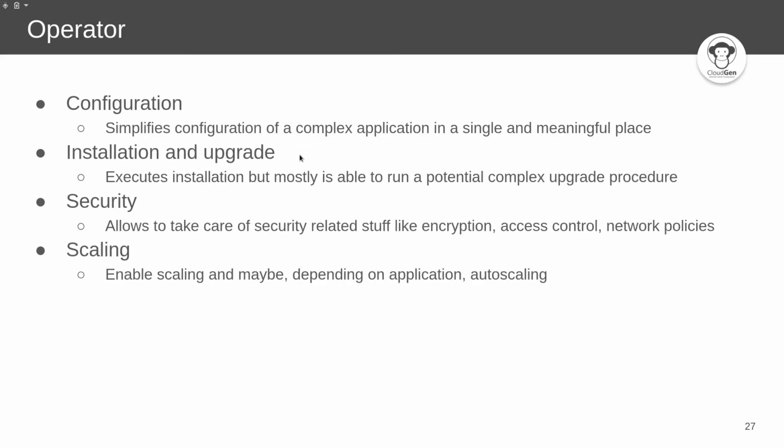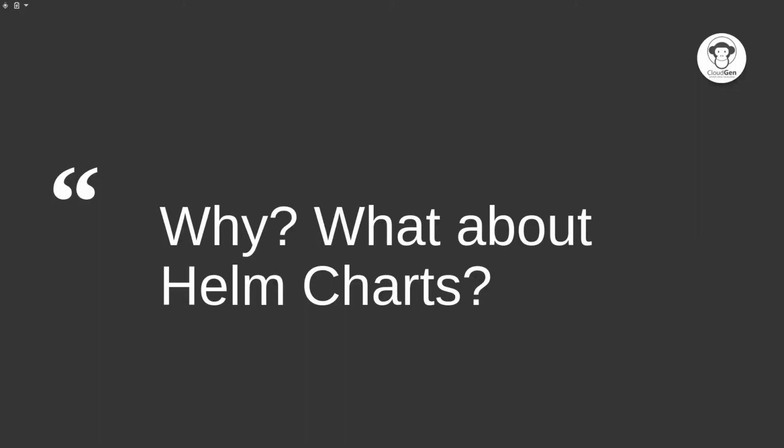So in the end, the operator takes care of the configuration for you, simplifying the configuration of your application in one place. It handles installation and upgrade if you change something, handles security such as encryption, access control, and network policy, and even scaling if I want to scale my application up and down.